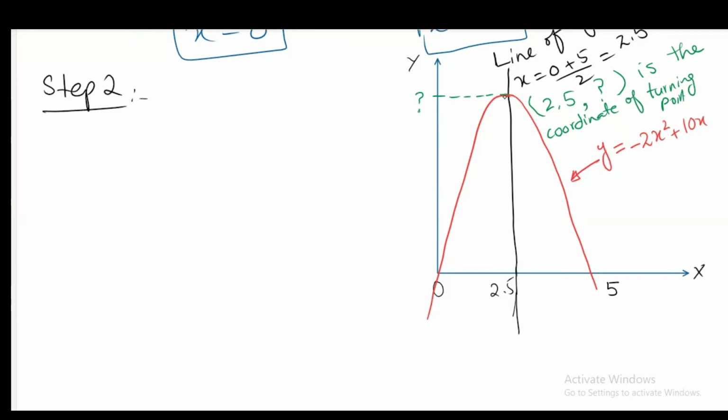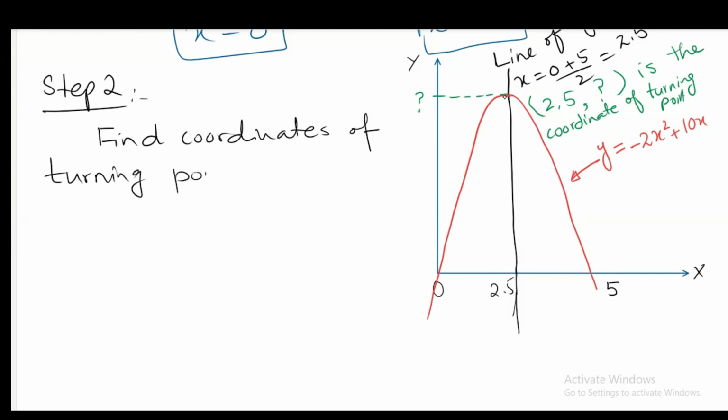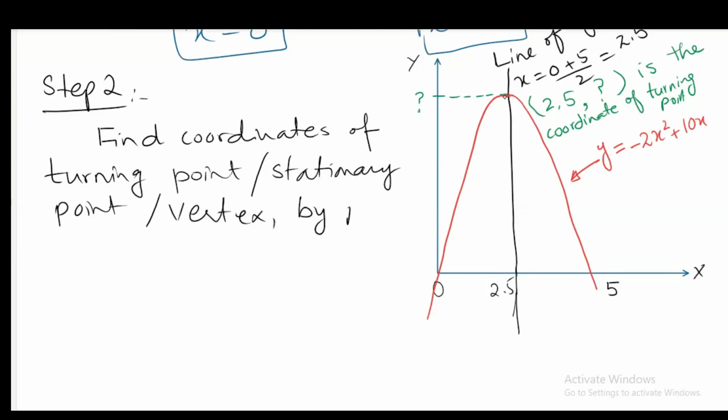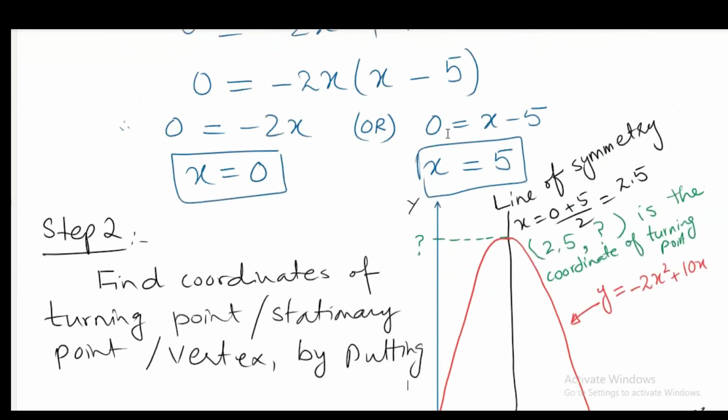Step number 2 is to find the coordinates of the turning point, or stationary point, or vertex, by putting in the equation of the line of symmetry, which is x equals 2.5.